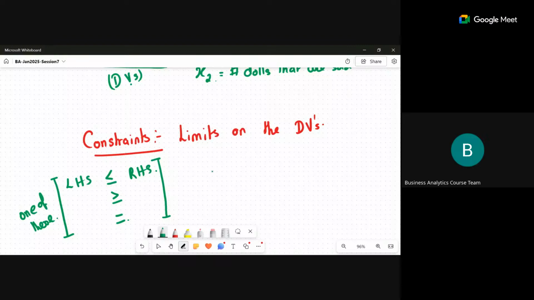Okay. For this problem, what are the constraints? Anyone? What are the constraints? Can you read and tell me?